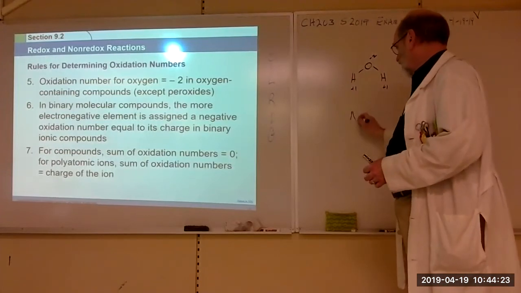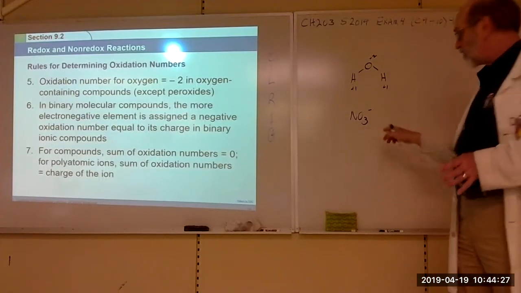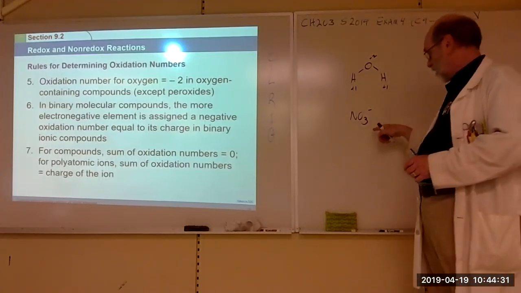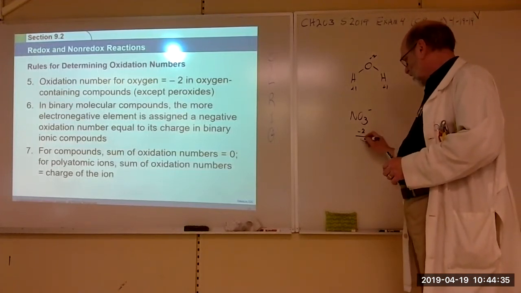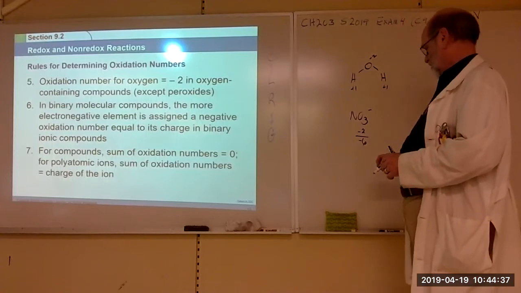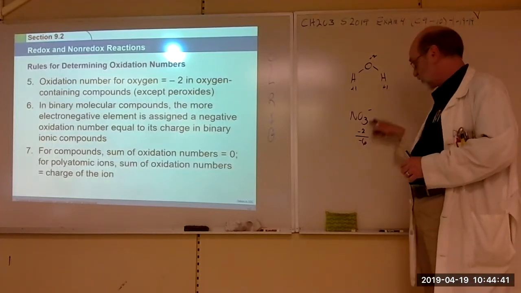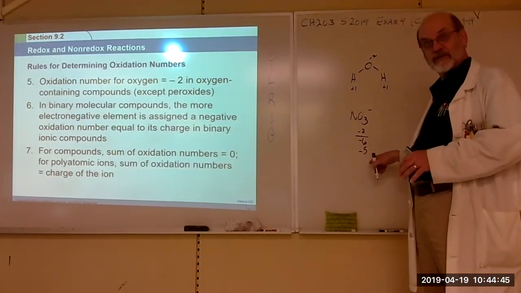If you have something like this, a polyatomic ion with a charge on it, then you have to add them all up to -1. Right? So oxygen would be -2 times 3 would be -6. And we have to hold out one of these minuses for that charge. So -5 is the one that has to be balanced.